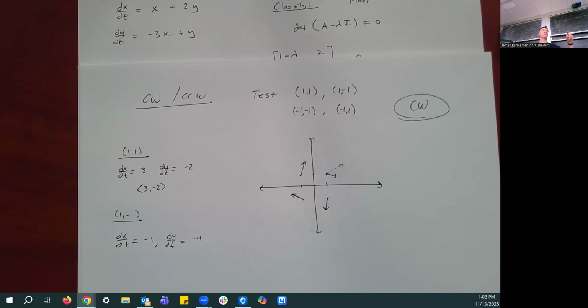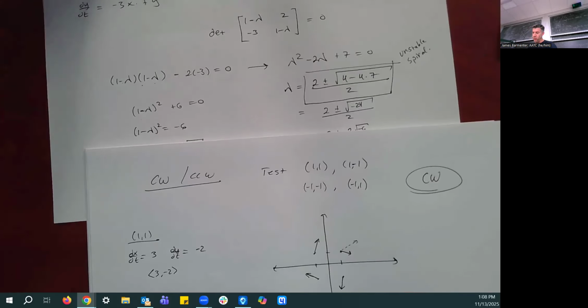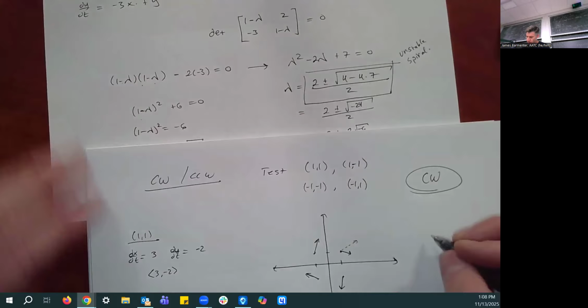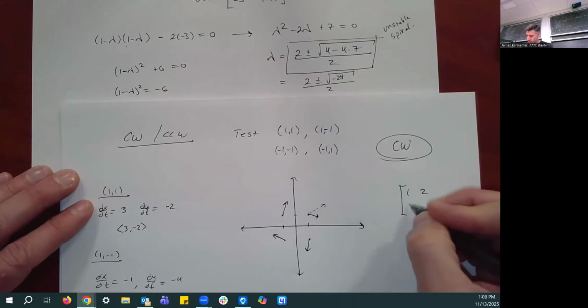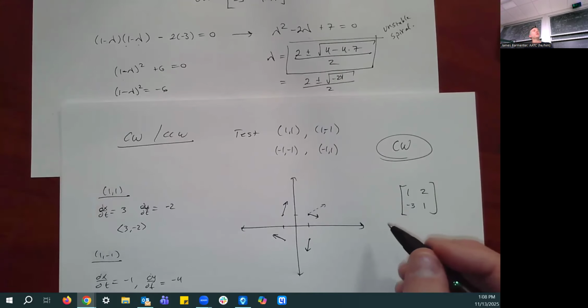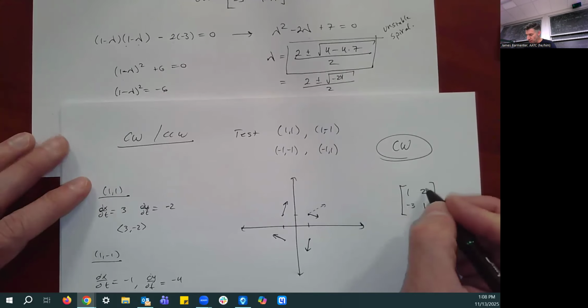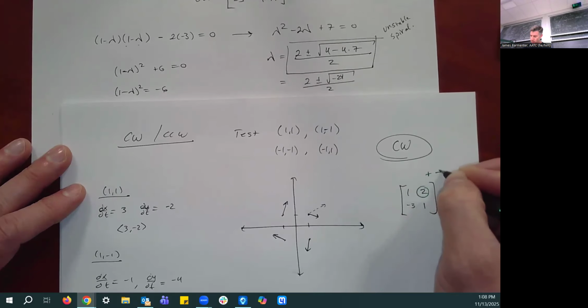If you've gotten to the place where you know it's a spiral, then if you look back at your 2 by 2 matrix, which I didn't even write, which would have been [1, 2; -3, 1], you can remember, but this is not sufficient to show your work, that if the upper right corner is positive, that's going to be clockwise.